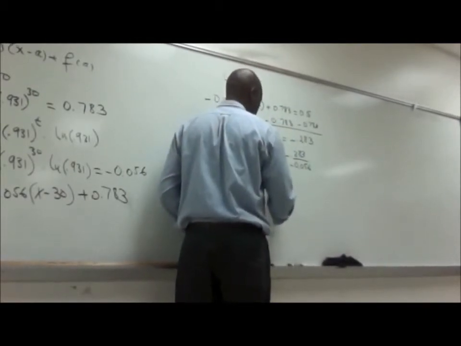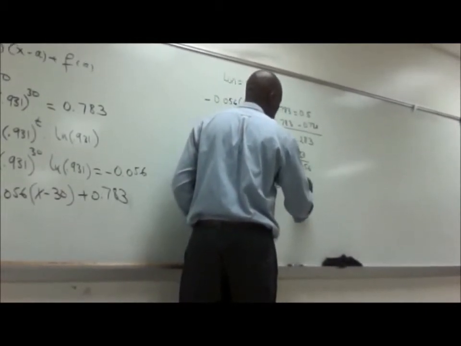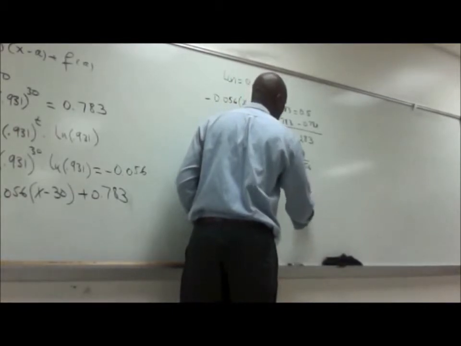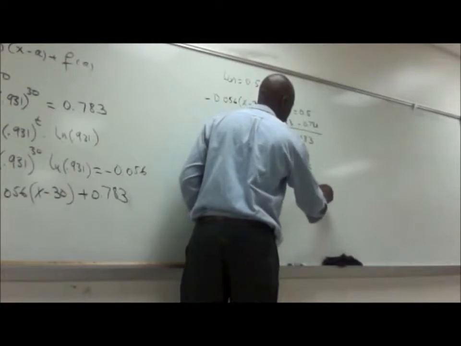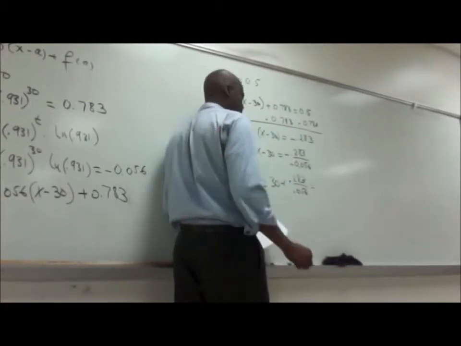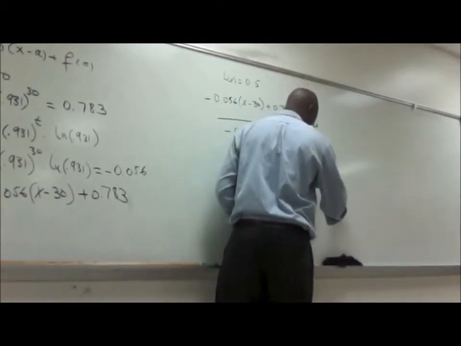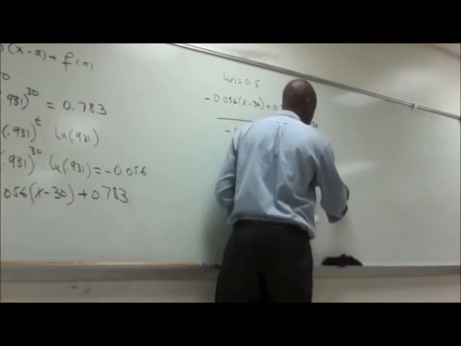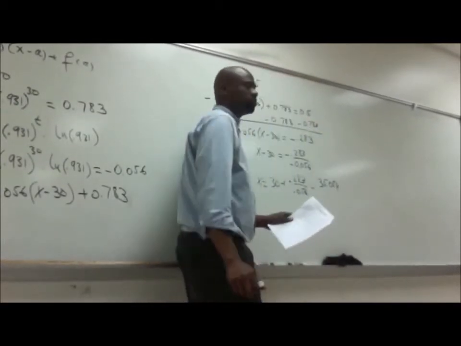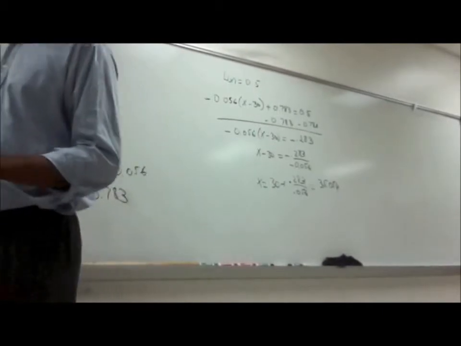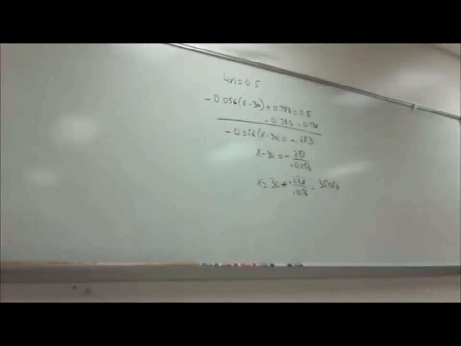So x is equal to 30 plus 0.283 over 0.056. This will be 35.054. Use the calculator; I don't want to hold back the video.